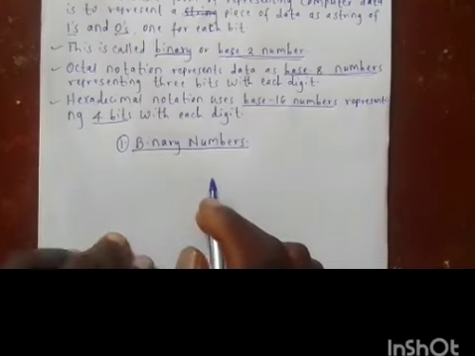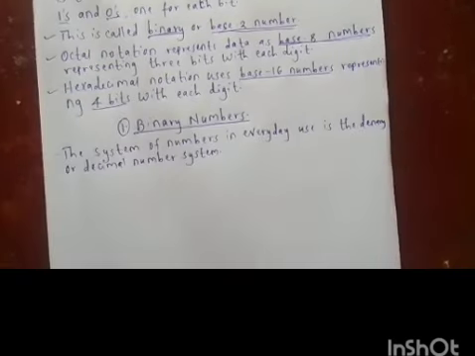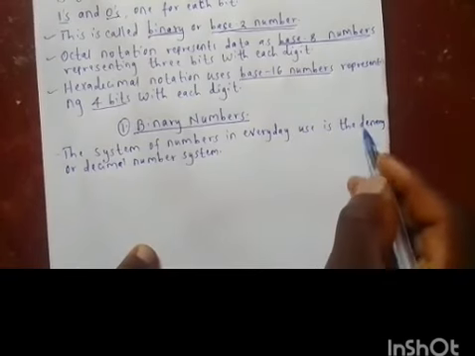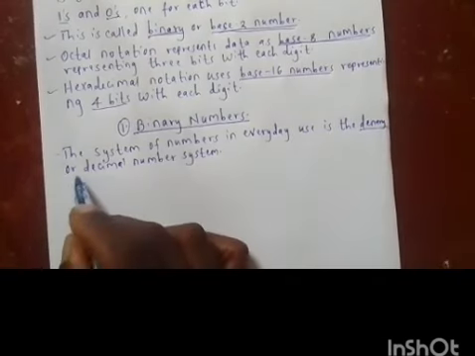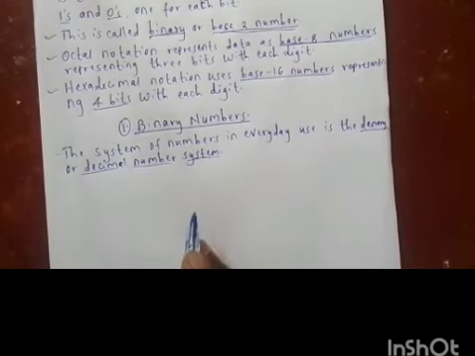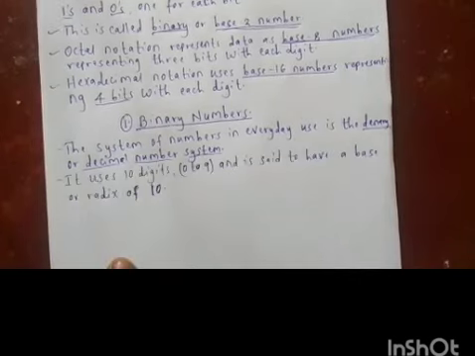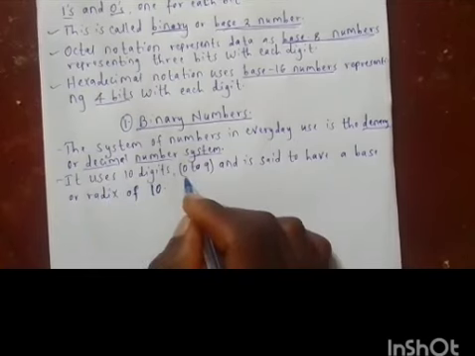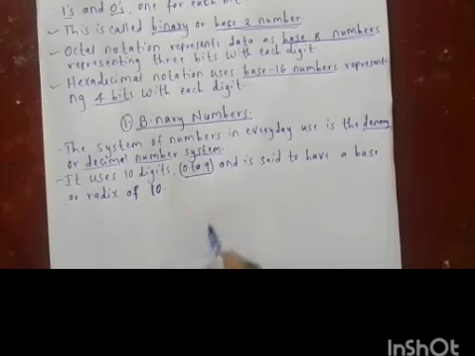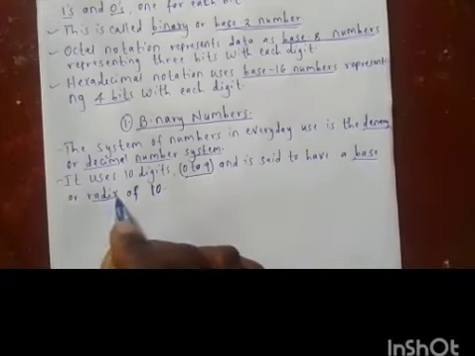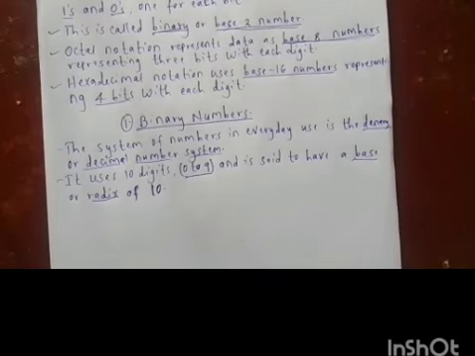The binary numbers. The system of numbers in everyday use is the denary or decimal number system. It uses 10 digits, that is the numbers from 0 to 9, and is said to have a base or a radix of 10.